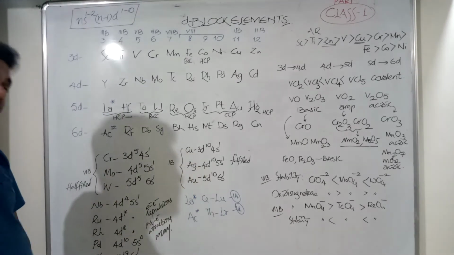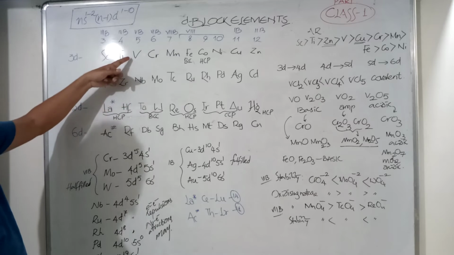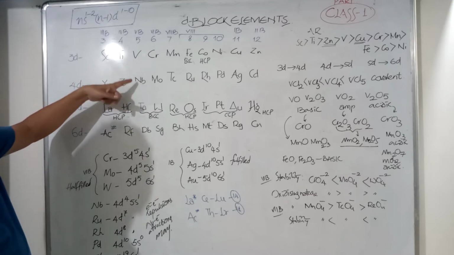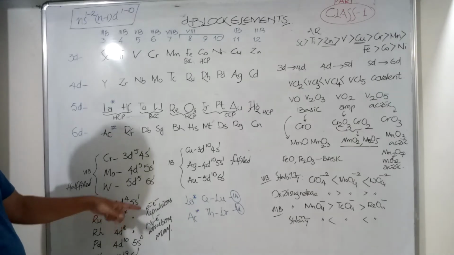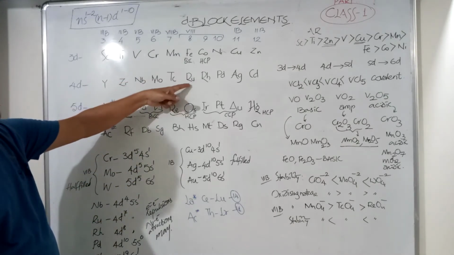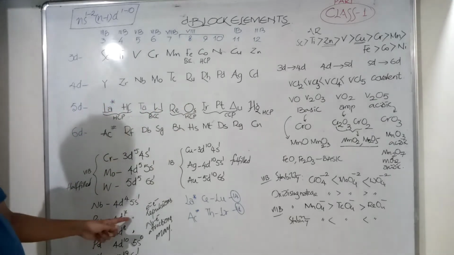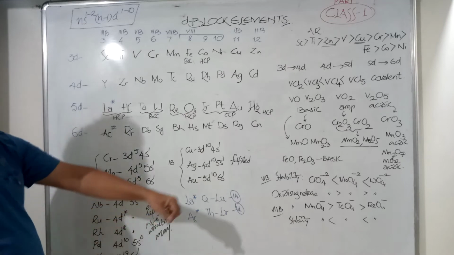Interestingly, there are a few elements like niobium. We expect, like vanadium 3d3, it should be 4d3, but surprisingly it is 4d4 5s1. Then iron is 3d6, so we expect ruthenium also 4d6, but ruthenium is 4d7 5s1. Rhodium 4d8 5s1.